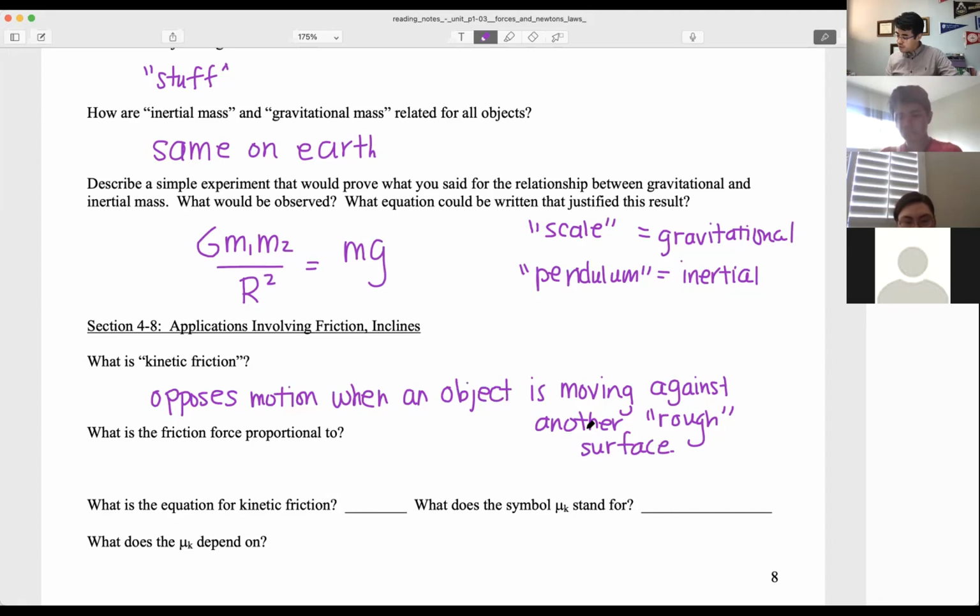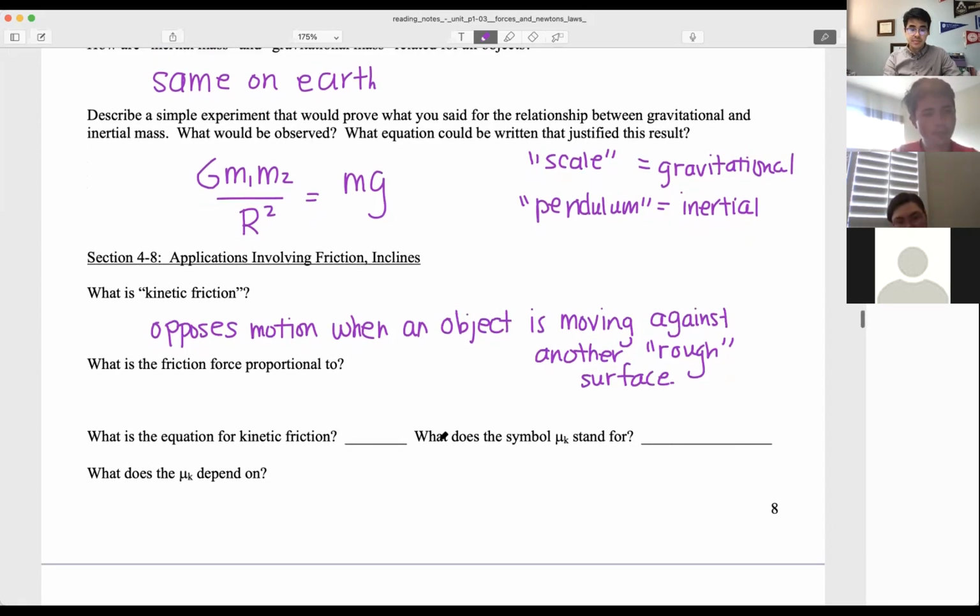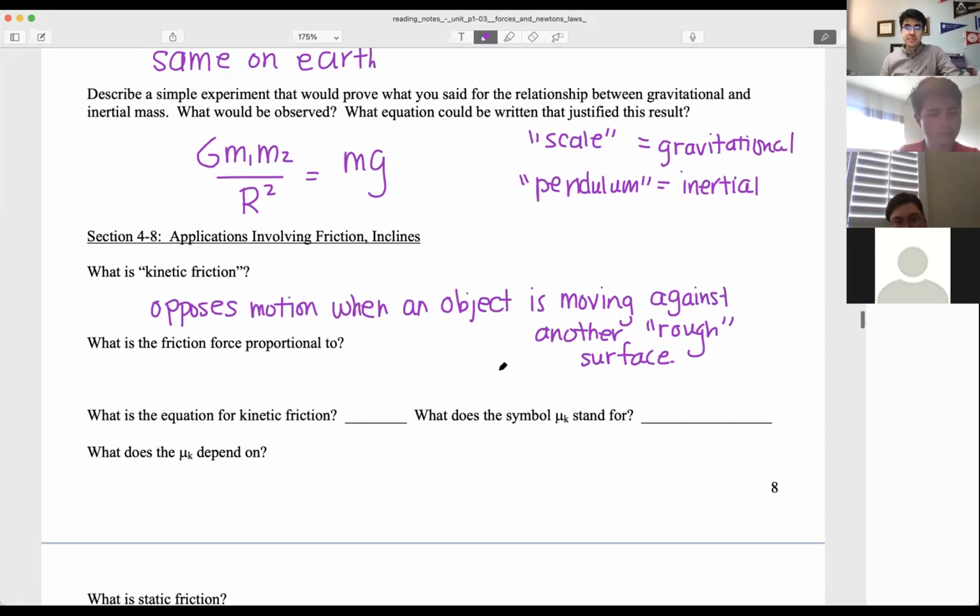So what is frictional force proportional to? They're going to use this phrase so much on the AP physics test, proportional to. Well, you all know the equation, right?